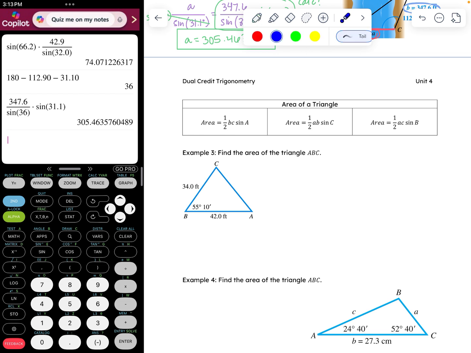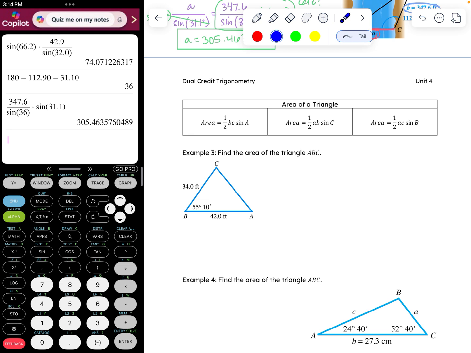So this first one right here, I know sides B and C and then angle A. Then it switches up over here. I know sides A and B and then angle C. And then it switches over here. I know sides A and C, but then angle B. So it's the same thing. You know 2 sides and then the one angle that doesn't match with those sides. But it's the same thing, just repeated 3 different ways.